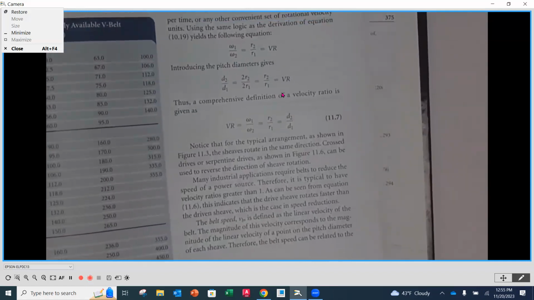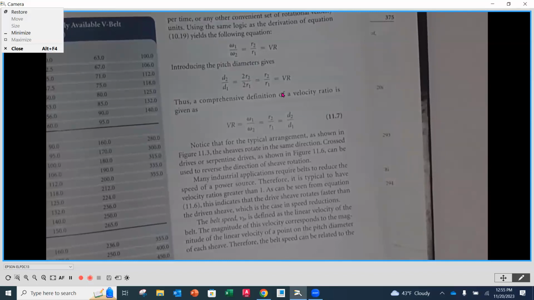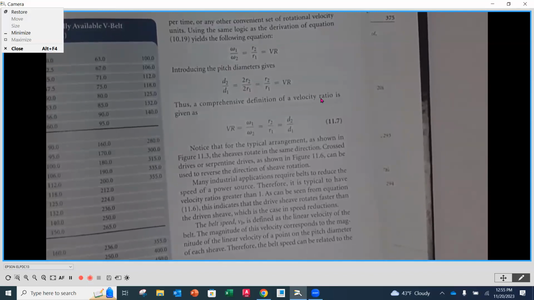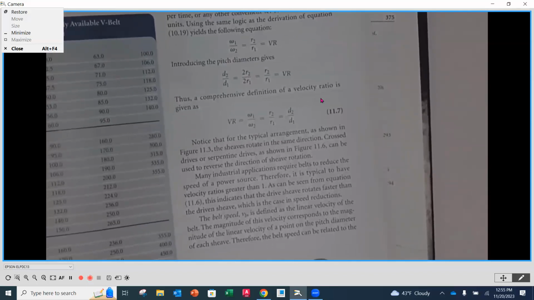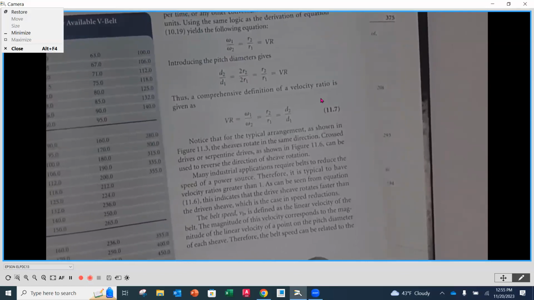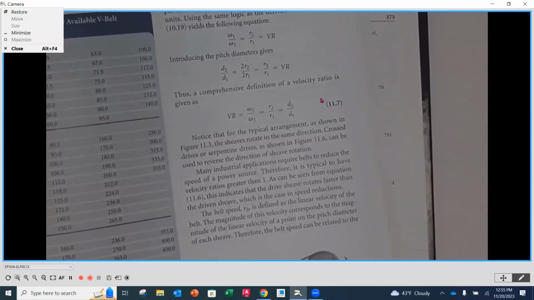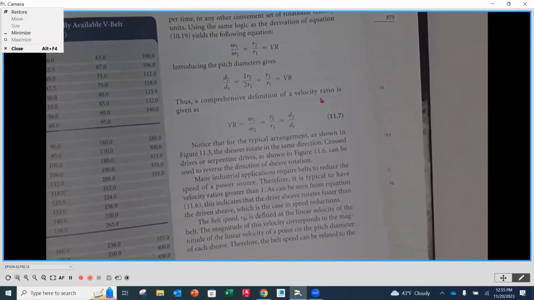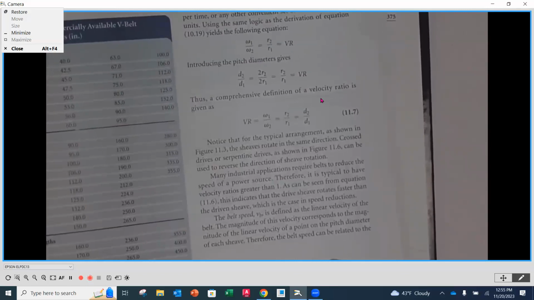And here it's important to note, because we've done it a couple times, your ones are going to be equal to your faster, also known as the driver. And your twos are going to be the slower or driven.